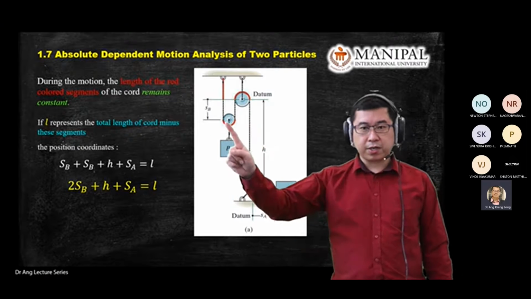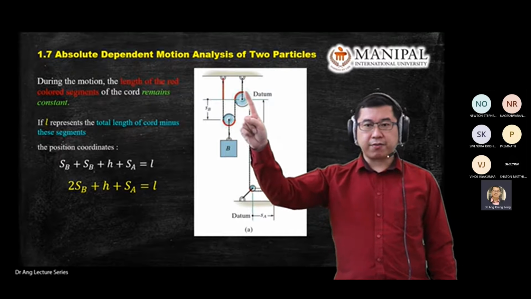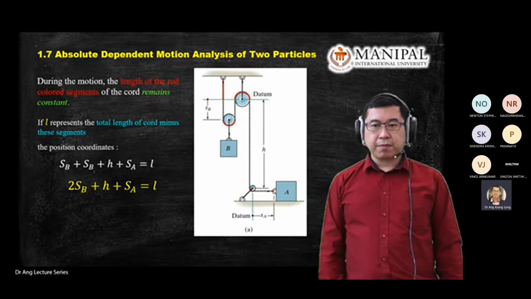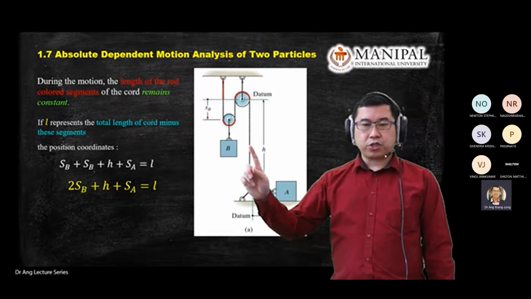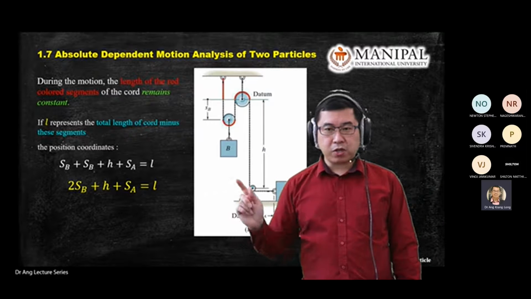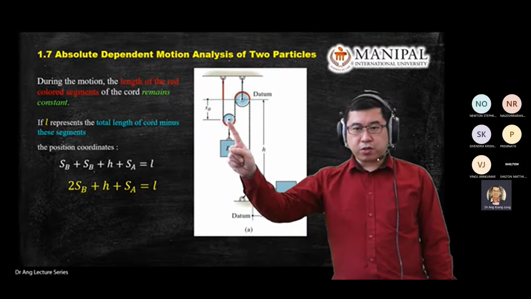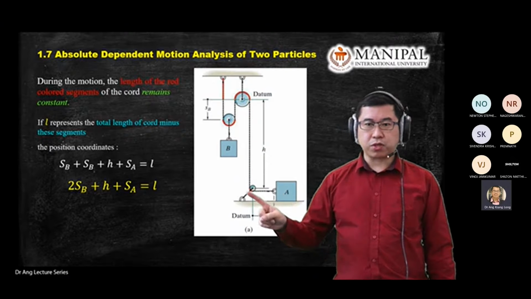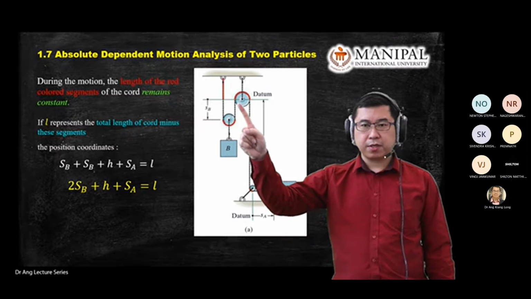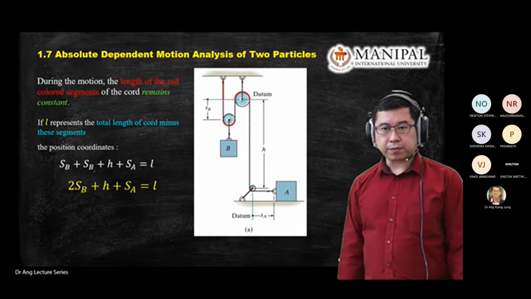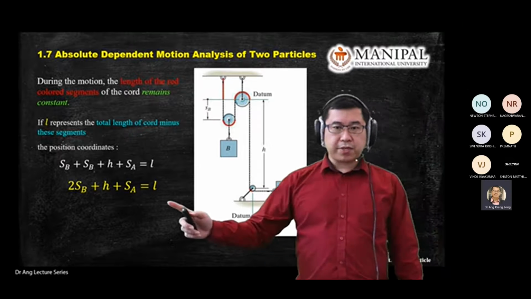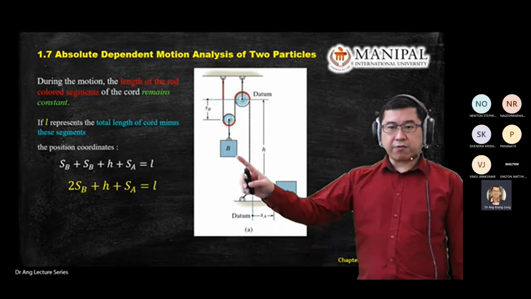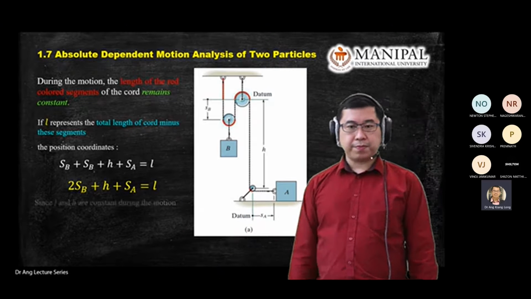Of course, you can include the length of this one, this one, and this one, because later, when you change the length equation into velocity, you're going to reduce all these segments to 0, because none of them change. Next, we use this to derive the velocity of A and B like what we did just now.